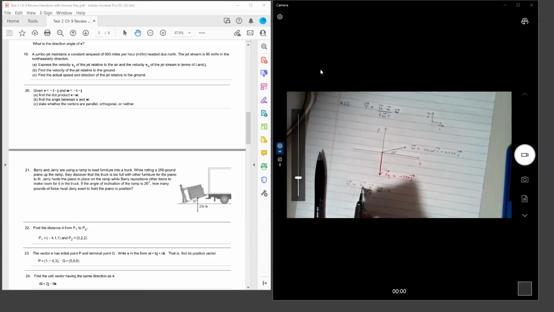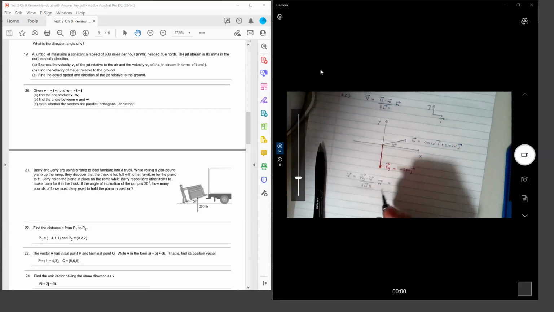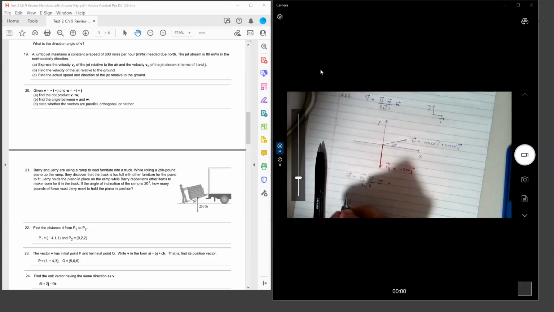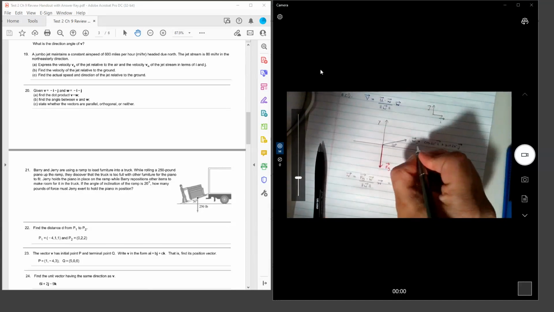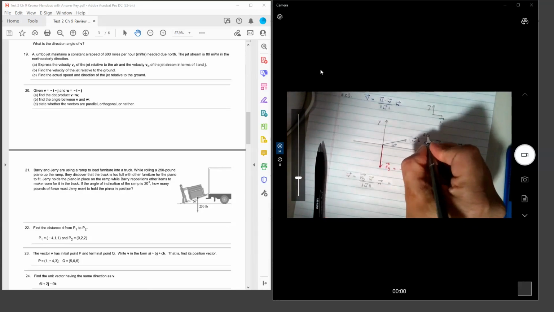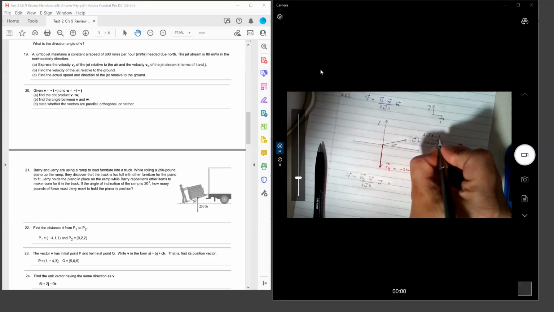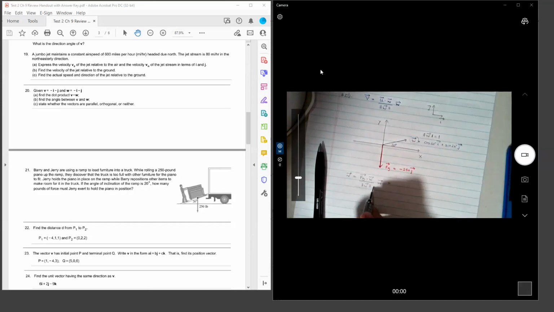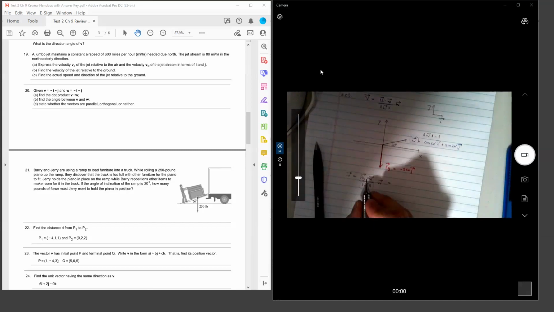So F dot W divided by the magnitude of the vector W times the vector W again. So recall that we said that this vector had a magnitude of 1. So we don't necessarily need to worry too much about dividing by 1. But we need to find the dot product.